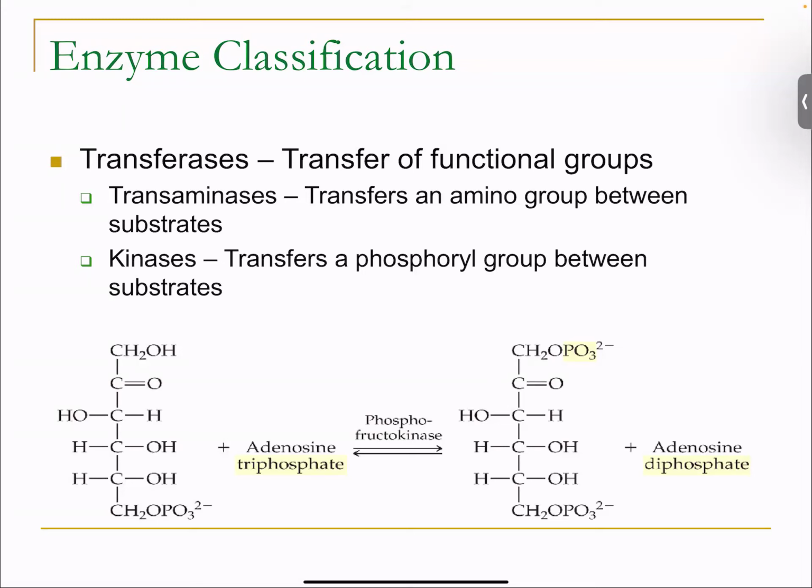Kinases involve ADP and ATP. ATP to ADP means that a phosphofructokinase, in this case, transfers a phosphate group. Phospho meaning it transfers a phosphate group. Fructo meaning it transferred it onto fructose, a sugar, and kinase is telling you it's transferring that phosphate group. So these names can be very explicit.